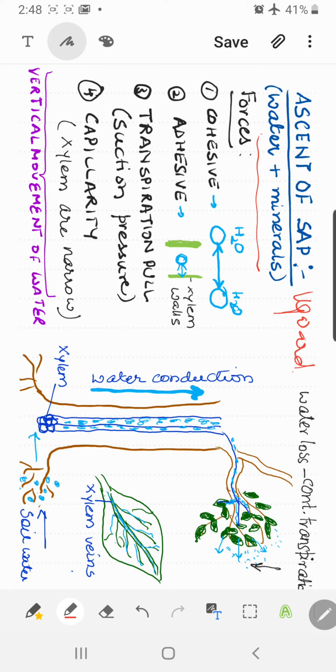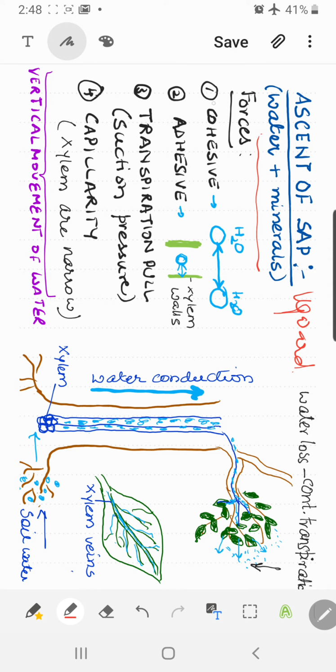That means even we need a motor to thrust the water against gravity. But plant is a natural thing. We can't install a motor there. So the plant has its own mechanism, its own forces, which actually contribute to the ascent or upward conduction of this water and minerals.